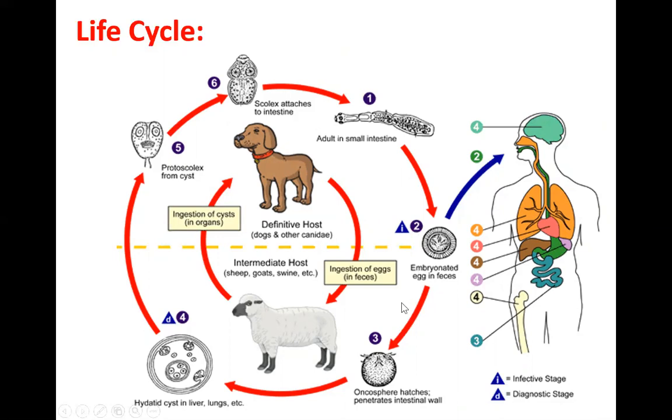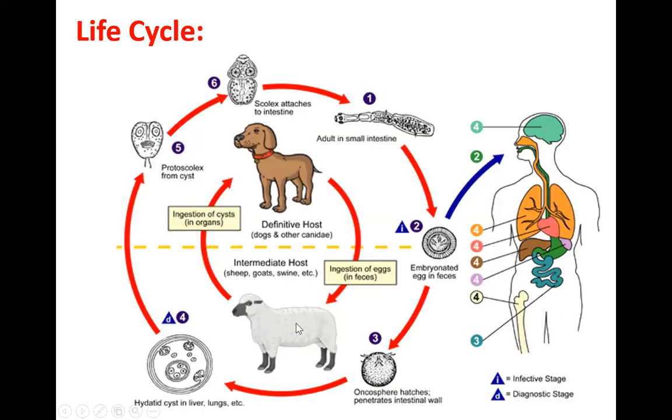The oncospheres hatch, and they are ingested with vegetation by the intermediate host, which can be sheep, goat, cattle, or poultry. The oncospheres hatch from these eggs in the intestine of these intermediate hosts, that is sheep and goats.